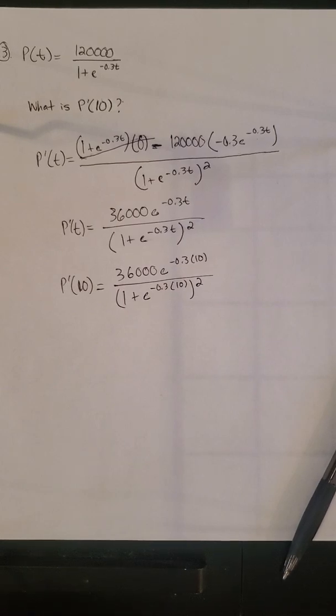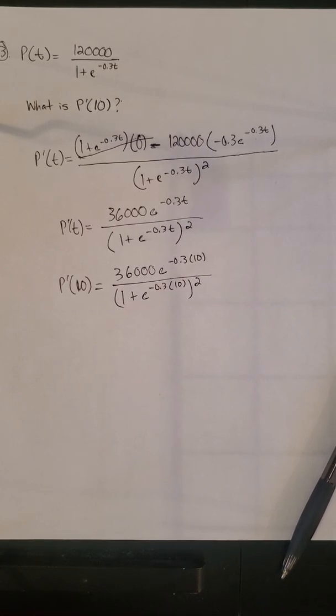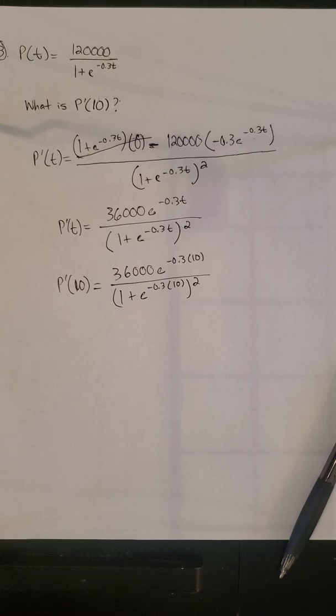So we'll type that in the calculator. I have left my really good calculator at school, so I'm using my old 83, so it's going to take me just a minute to type this in.